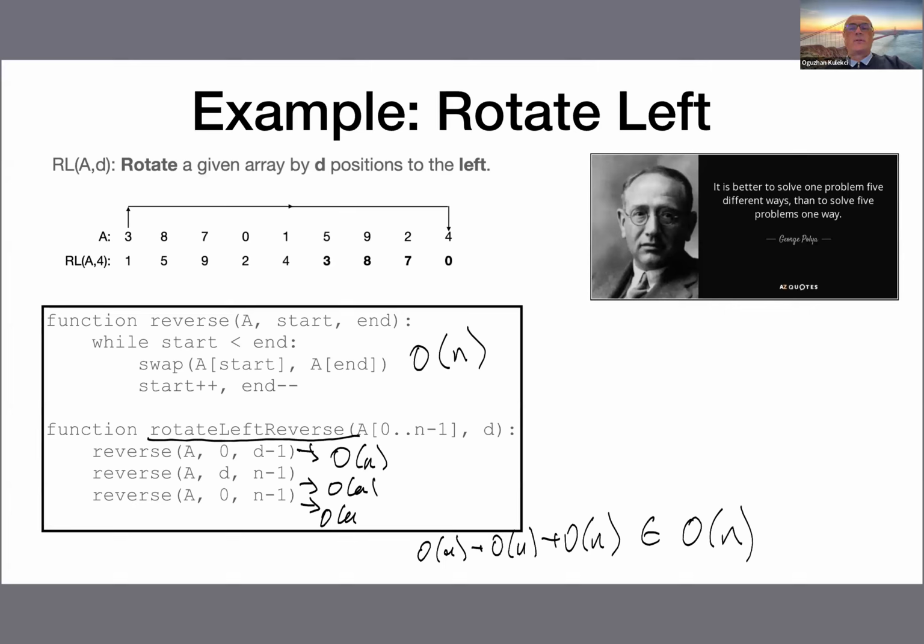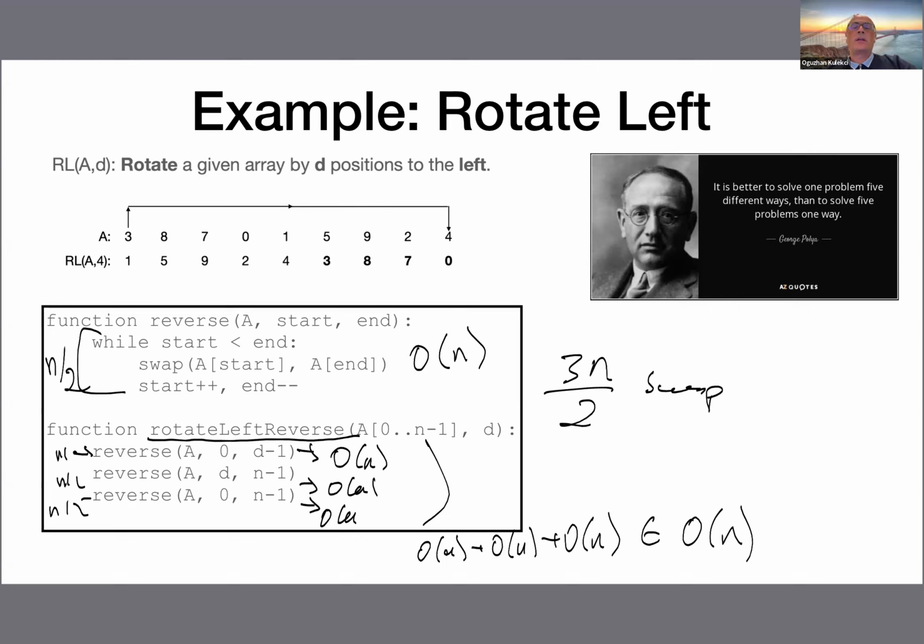Let me try to describe it in another way. I know that with this function, there will be n/2 swap operations, right? Since there will be n/2 swap operations here, here, and here, in total I will have 3n/2 swap operations. And a swap operation is a constant operation.